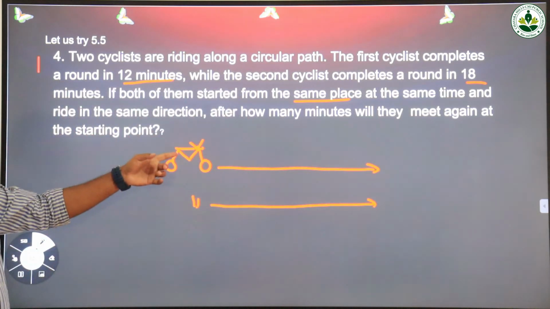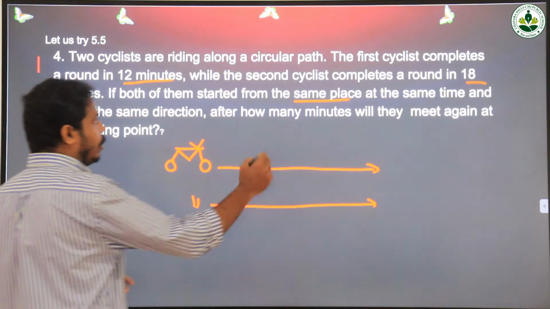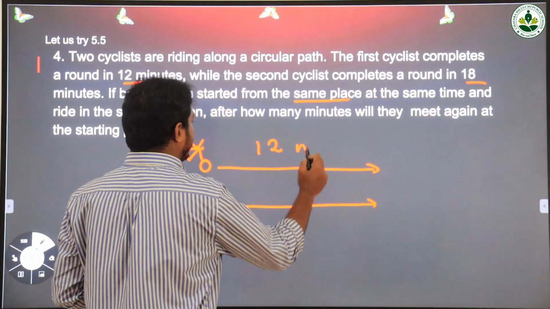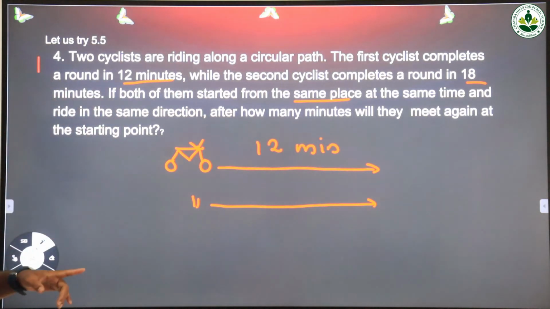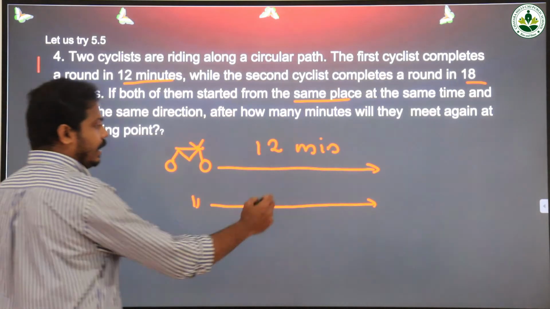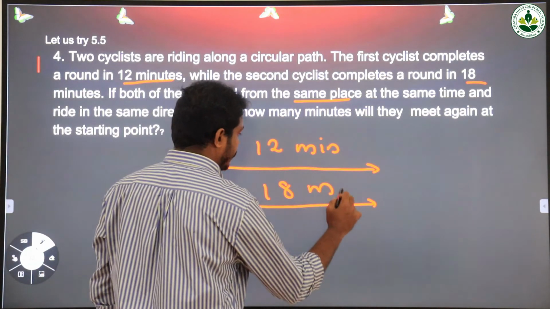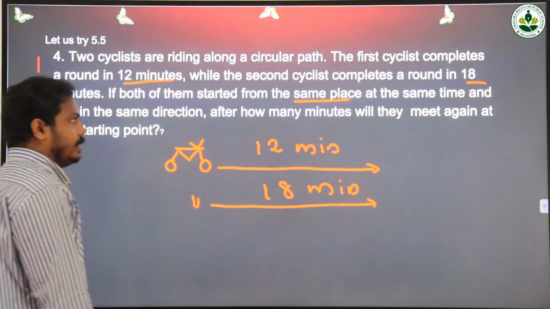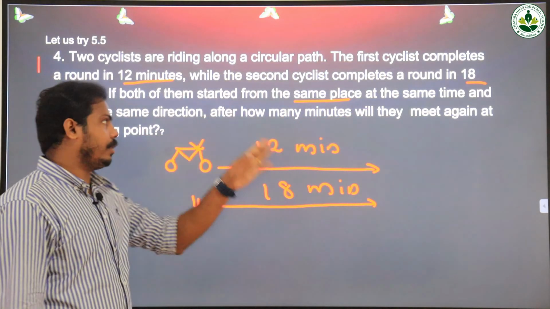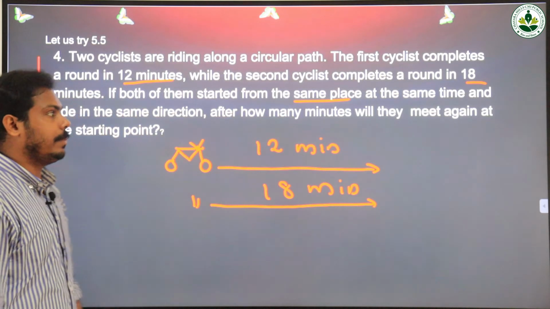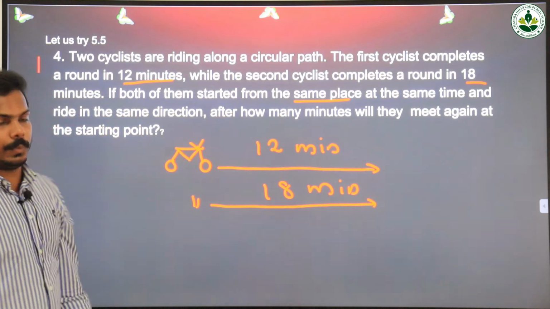The first cyclist needs 12 minutes to complete one round, and the second cyclist completes a round in 18 minutes. We need to find the nearest meeting point. After how many minutes will they meet again at the starting point?